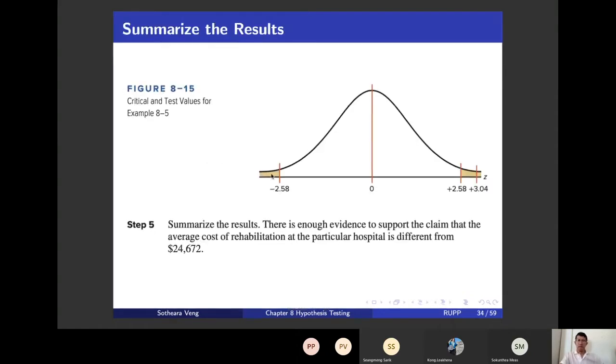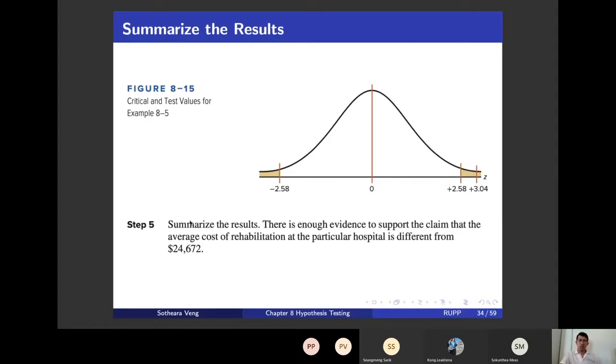Here is the rejection region. We have two parts: the value less than this value and the value greater than this. And we found our test value to be 3.04, which is inside this part of the rejection region. That's why when our test value is inside the rejection region, we have to reject.